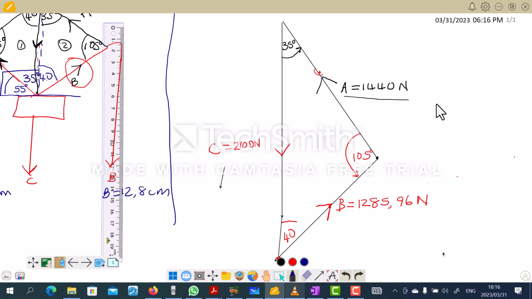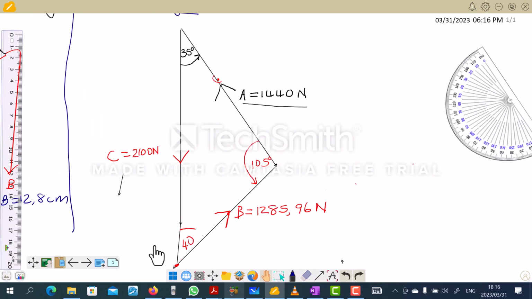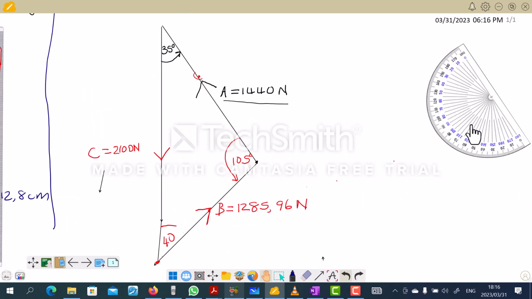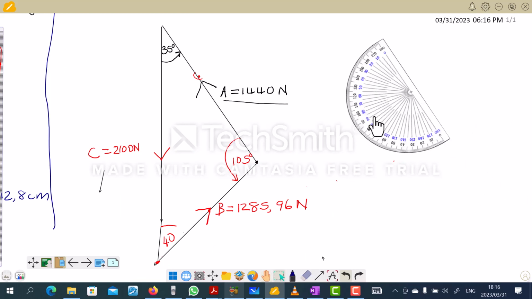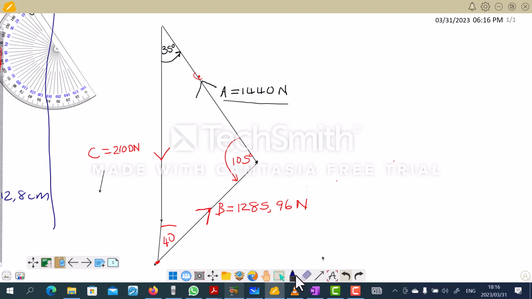Let me use another color. There is a sine rule, a formula which says A over sine angle A equals B over sine angle B. So there is this formula that you can use to find the side C. This A is a side, this B is a side.